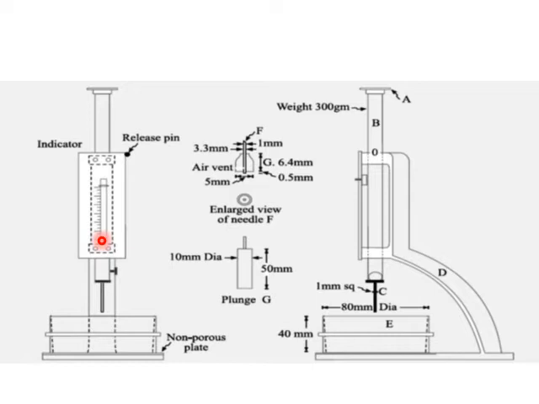Whatever amount of water you get in ml, that amount has to be added and mixed thoroughly. Add it in this mold, do all the arrangement, and release this handle so that the needle penetrates inside the mold, and the graduation scale has to be read.